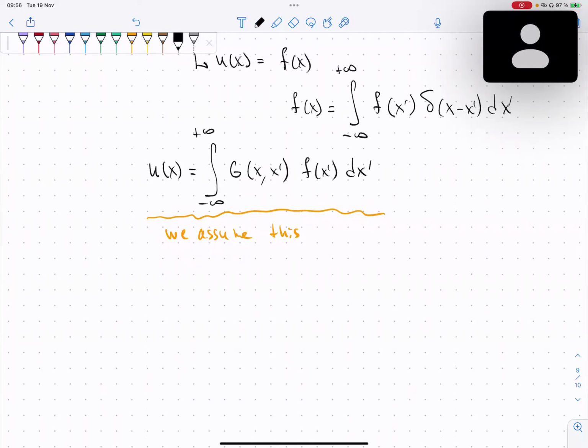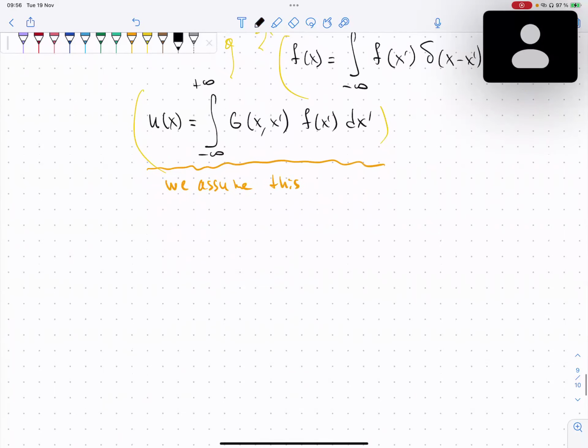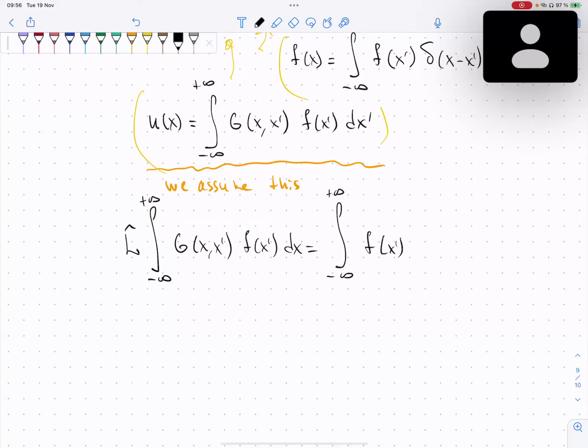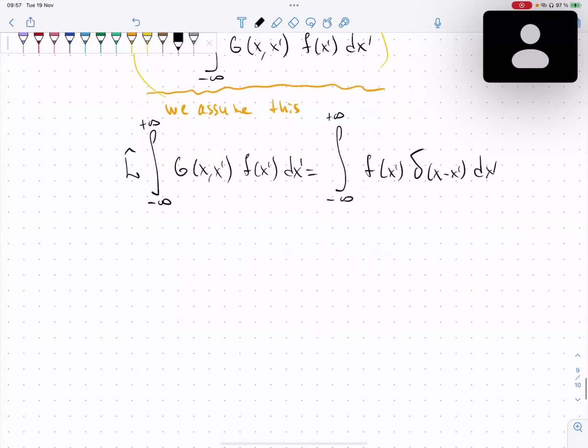If we put this here, we get the following equation: L of the integral from minus infinity to plus infinity of g of x and x prime f of x prime over dx equals the integral from minus infinity to plus infinity of f of x prime delta of x minus x prime over dx prime.